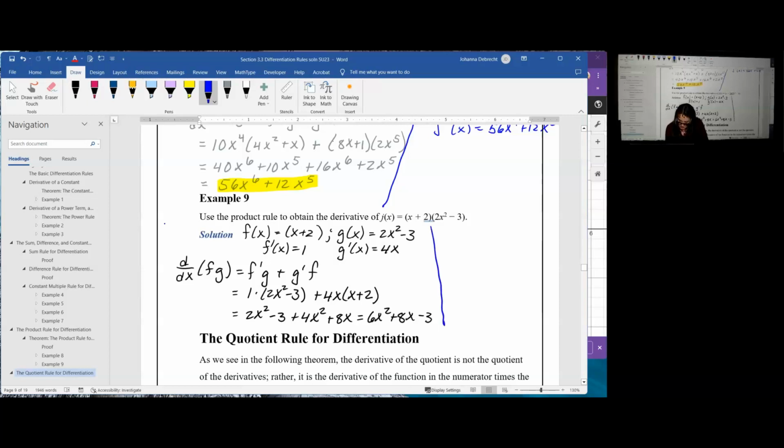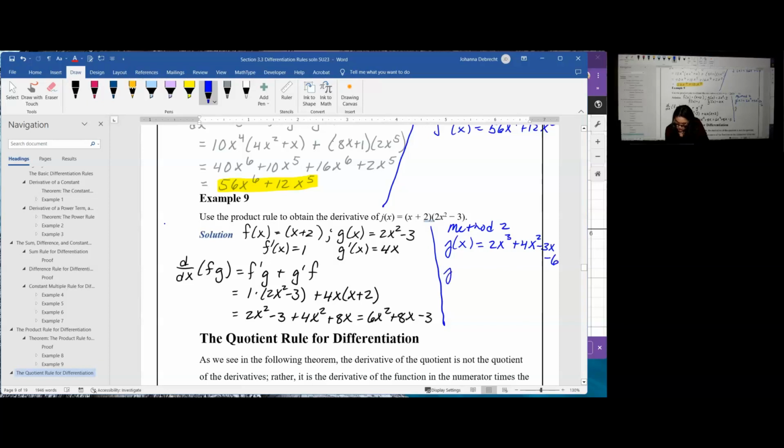It's true. If I were to apply method 2, I would first multiply out j of x, and I would come up with, what would I come up with? Let's see, 2x cubed plus 4x squared minus 3x minus 6.